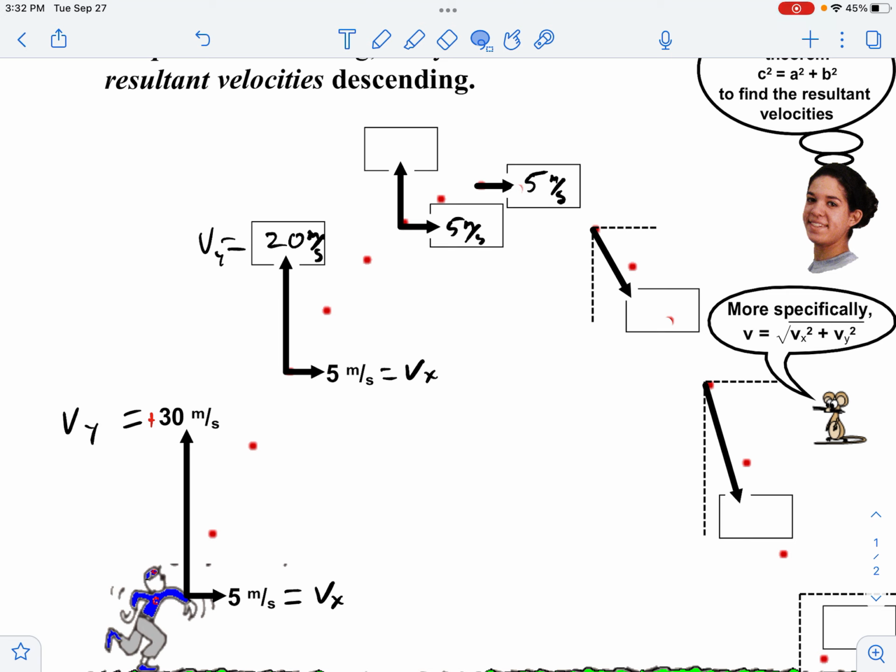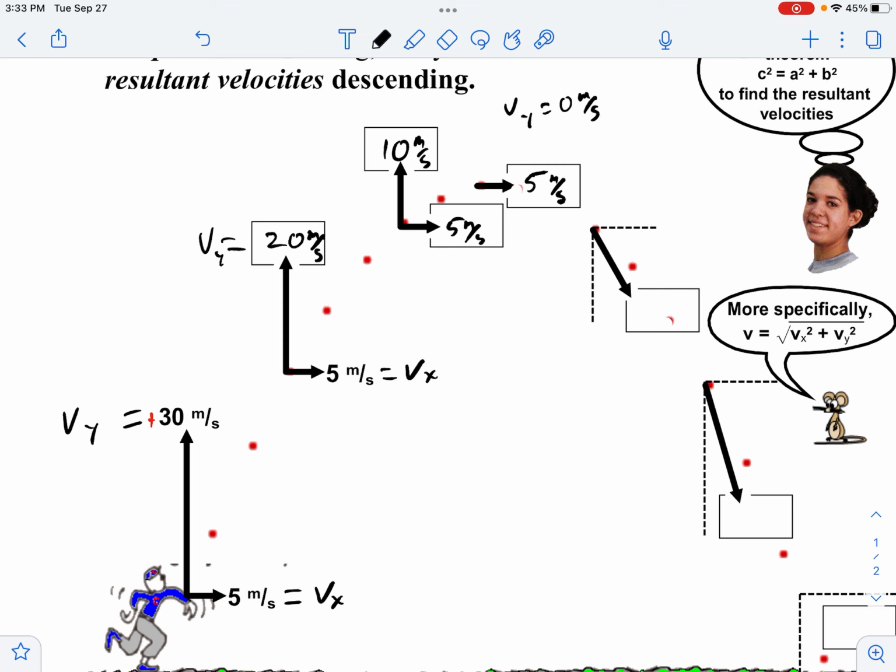1 second later, up here, we're getting closer to the top. Gravity's again going to slow us down by an additional 10, so up here we're only going 10 meters per second. If I look at the very peak, there's no upward arrows, because at this point gravity would have taken away another 10 meters per second, in which case our Vy, our vertical part of our velocity, has shrunk down to 0.